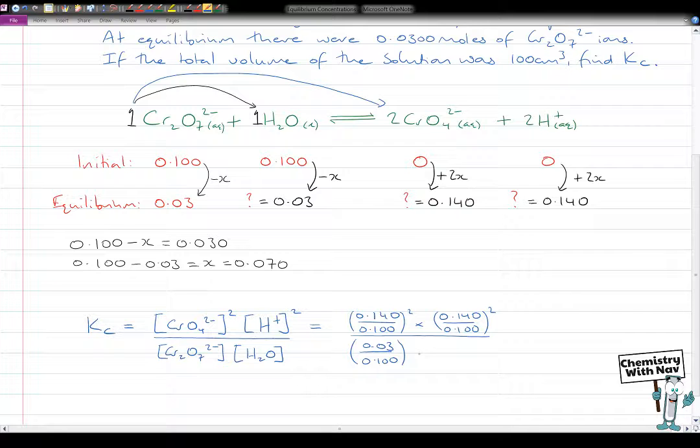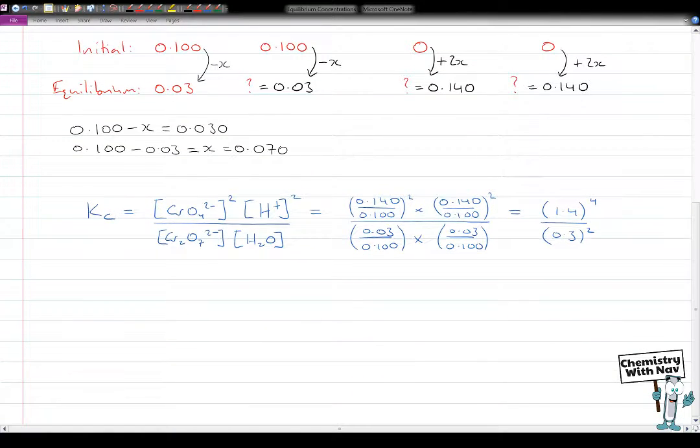The 0.1 is just the 100 cm³ expressed as dm³. And if you divide anything by 0.1, you are multiplying by 10. So a further simplification would be 1.4 to the power of 4 over 0.3 squared.